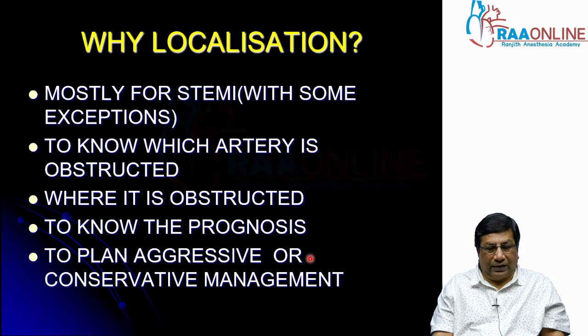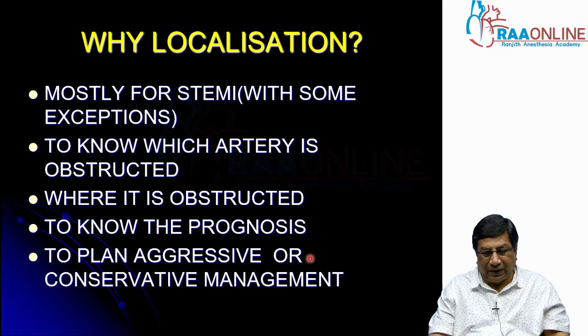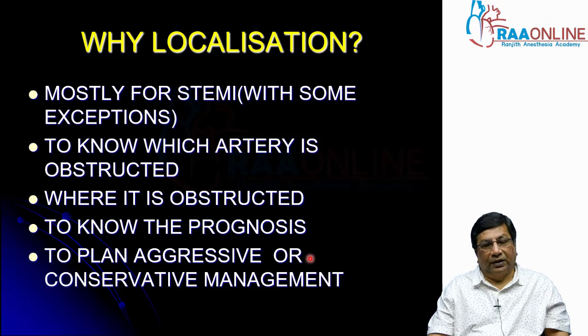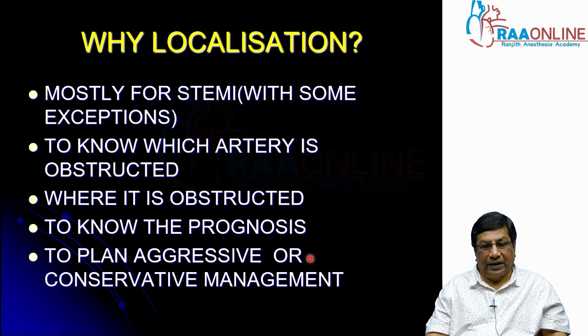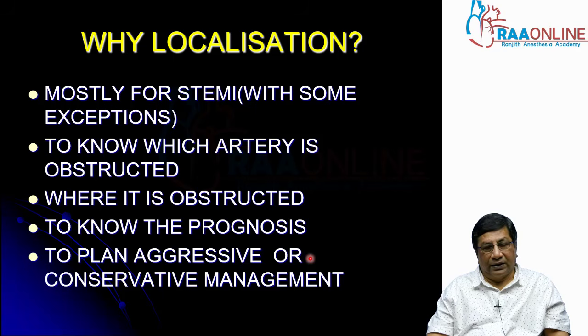Why should we localize? For example, it is easy to know which coronary artery is obstructed, especially when the patient comes with ST segment elevation myocardial infarction. So that's why the localization is going to be useful when the patient comes with the ST segment elevation. But there are certain exceptions where even if there is no ST segment elevation ACS, you can still localize which artery is obstructed.